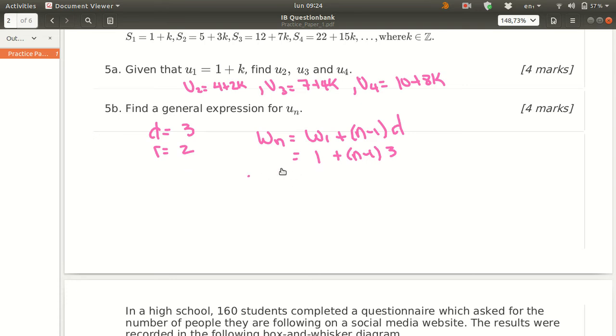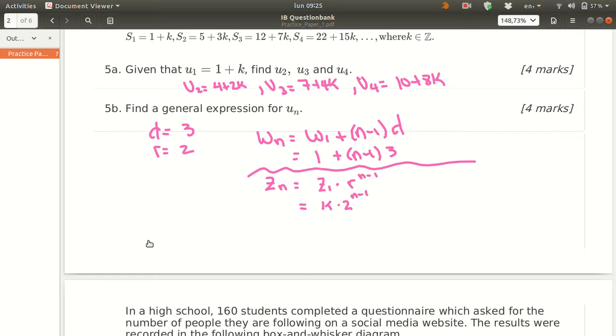Now, what about the geometric part? So I'm going to call that one Z sub n. So the geometric one is Z1 multiplied by R to the power of n minus 1. So who is Z1? It's K. Okay, that's the first term. Who is R? It's 2. And then n minus 1.